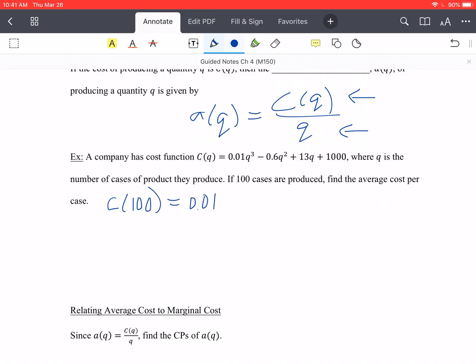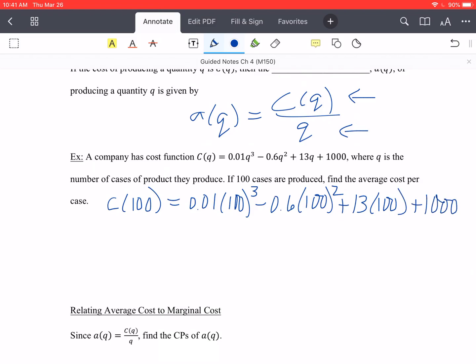So that's 0.01 times 100 cubed minus 0.6 times 100 squared plus 13 times 100 plus 1,000, which we can find to be $6,300. That would be our total cost.